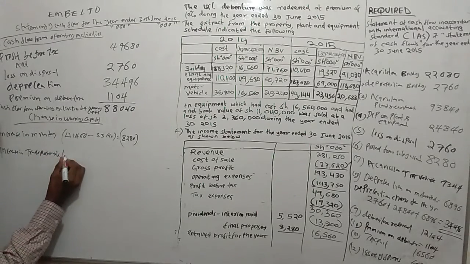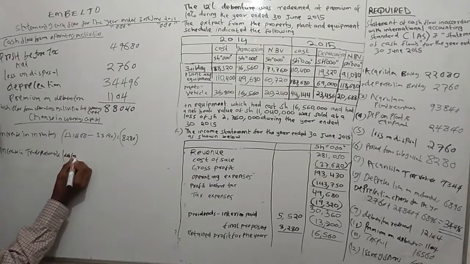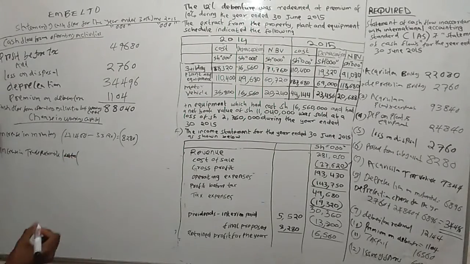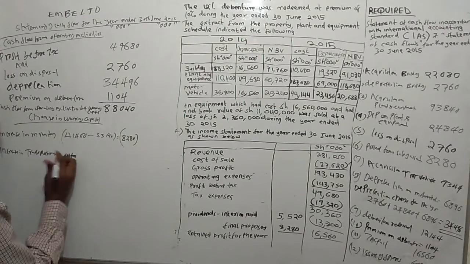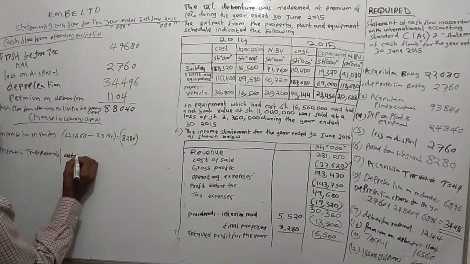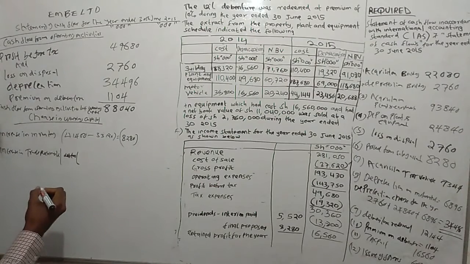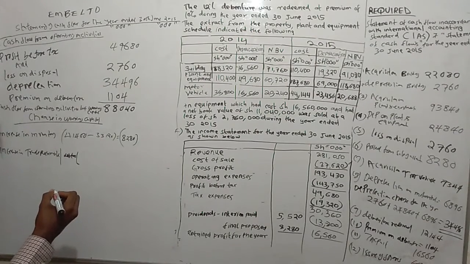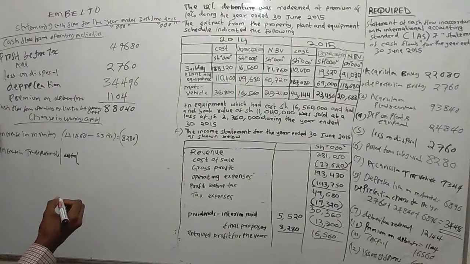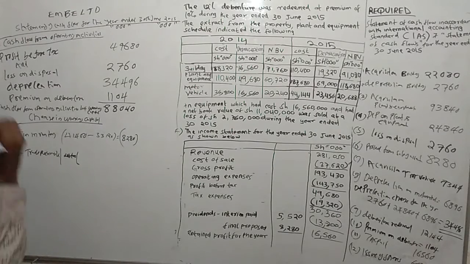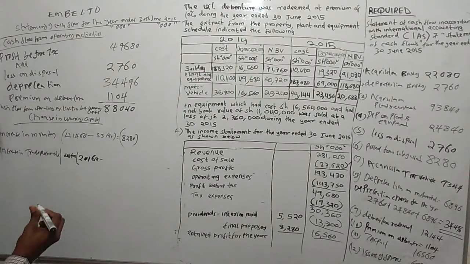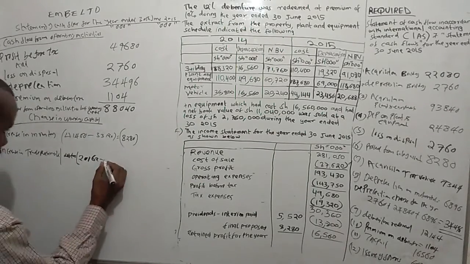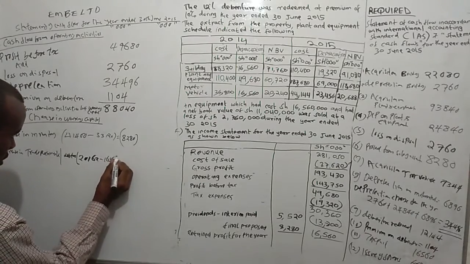Trade receivable, another name for debtors, has increased from 16,560 to 20,162. Now we take 20,162 subtract 16,560.